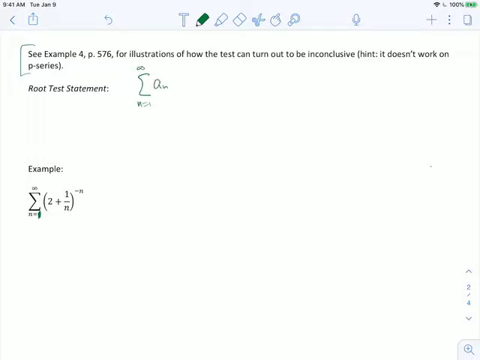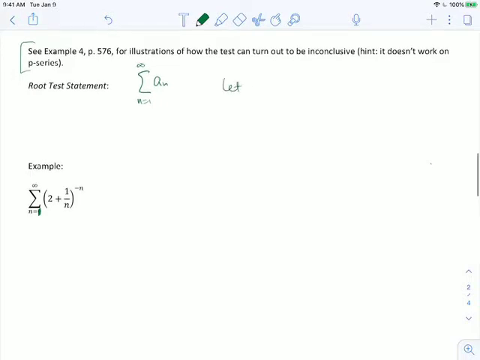It may or may not start at 1, but we've got an infinite series. Our general term is a sub n. And we're going to let rho, this time, be the limit as n goes to infinity of the nth root of the absolute value of the general term.